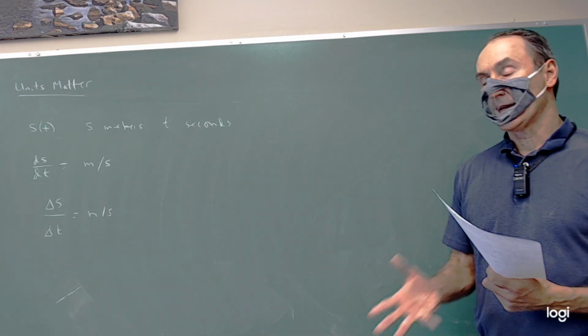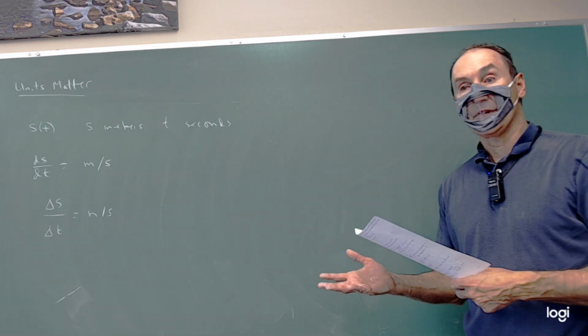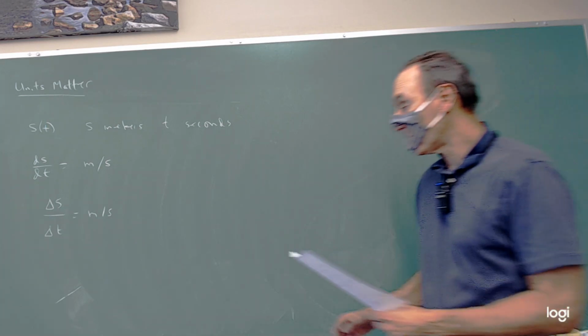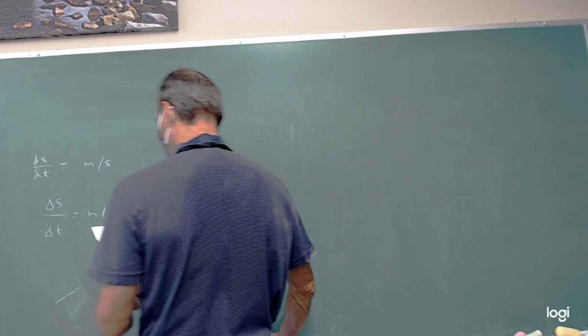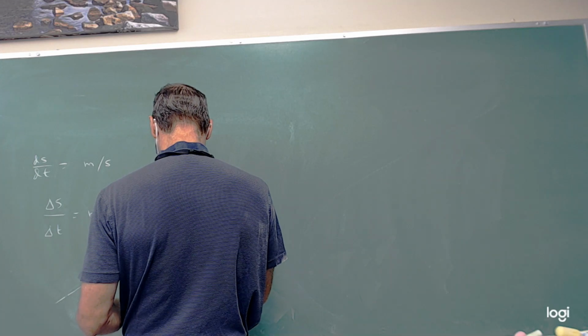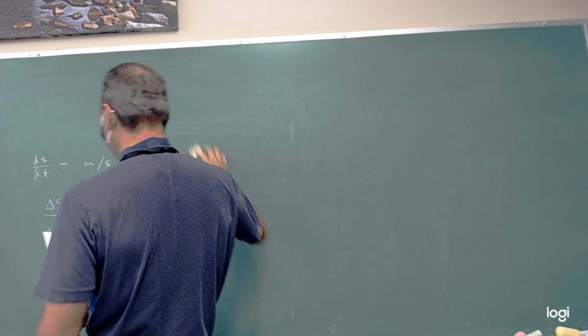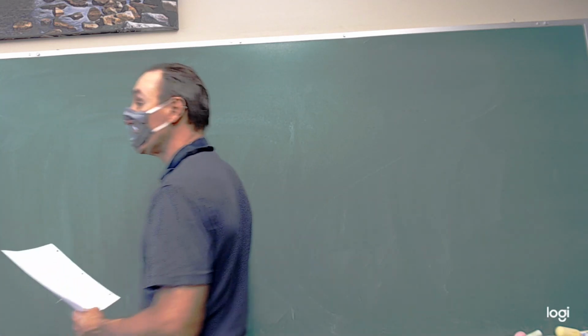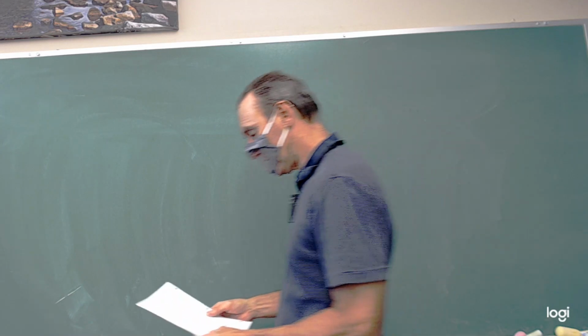So that's not going to be a reliable clue as to whether you should be differentiating or approximating it. And when they ask for a rate of change, if they don't say average rate of change, that's understood in this class to mean instantaneous rate of change.